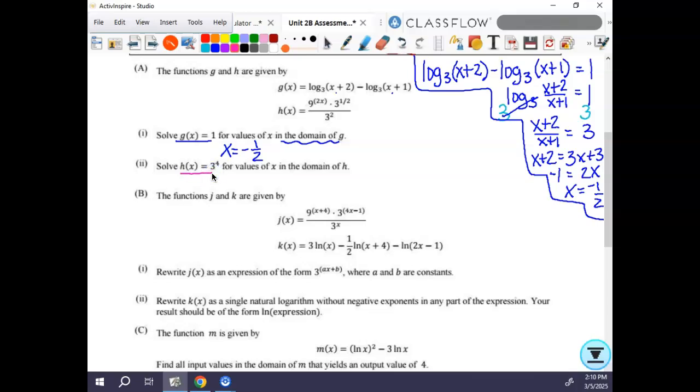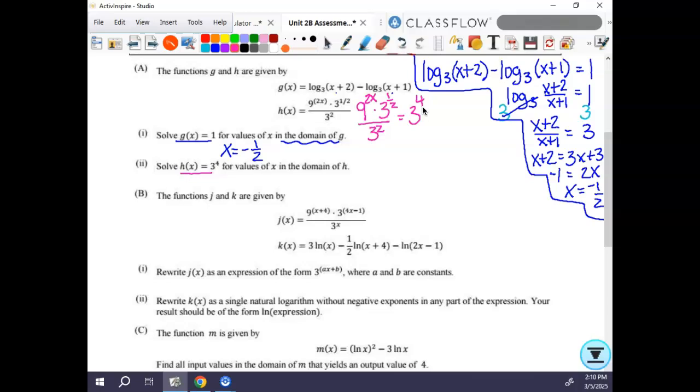h of x equals 3 to the 4th. So here's h of x: 9 to the 2x power times 3 to the 1/2 power over 3 squared equals 3 to the 4th. Okay. Now, I would like for all of the bases to be the same.